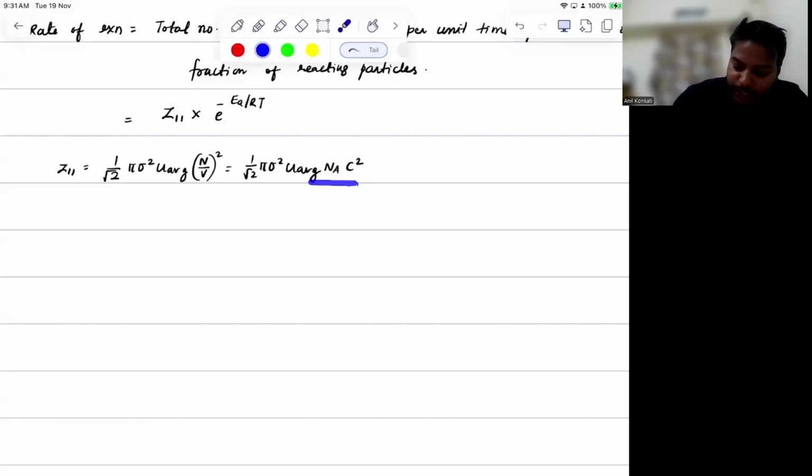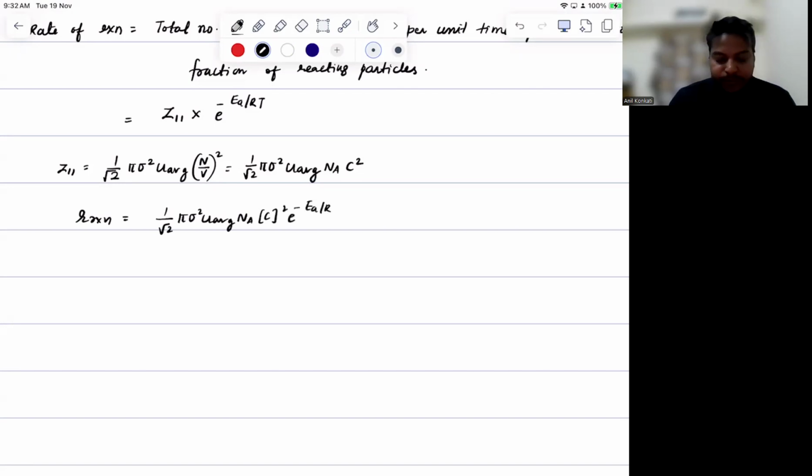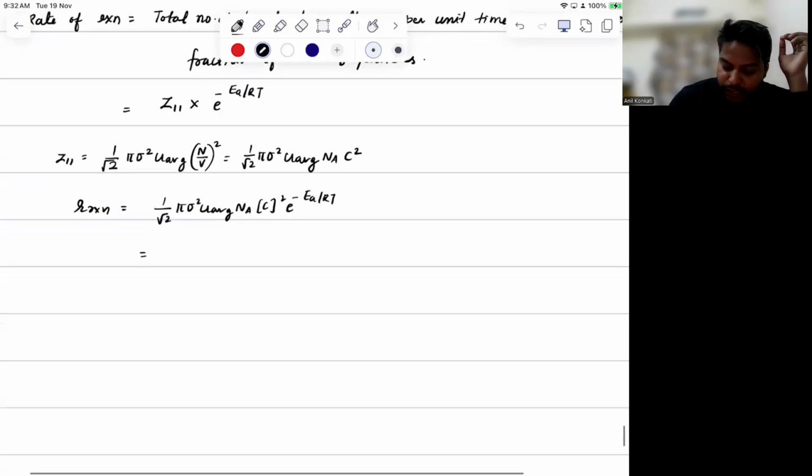Now, what is the rate of the reaction? Rate of the reaction will be equal to this entire thing, 1 by root 2 pi sigma square U average into Na, Avogadro's number, into concentration term square into e raised to the power of minus Ea by RT. Got it? If we take all of this as one constant, I can write it as some constant K of the reaction into concentration square.